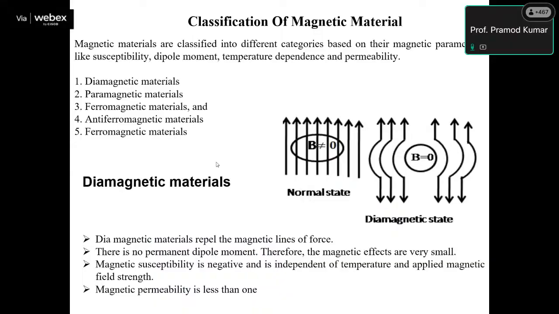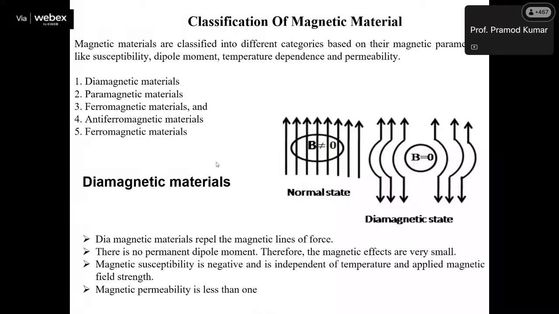Now, on the basis of spin orientation of these dipole moments, we have different types of magnetic material.